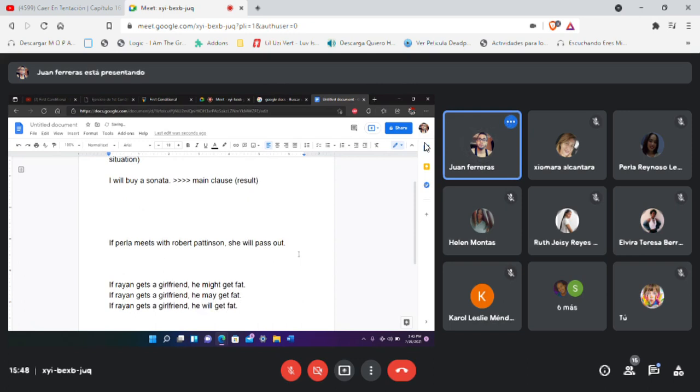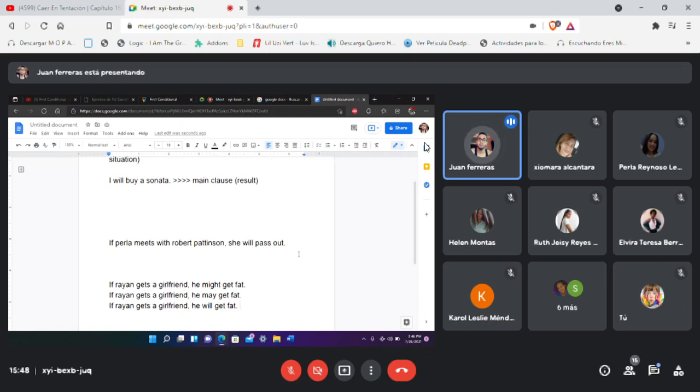Teacher, are they the same? Yes. Estas tres oraciones son lo mismo prácticamente. Lo único es que cada una tiene un nivel de probabilidad más alto. Si yo digo, if Ryan gets a girlfriend, he might get fat. Él se pondría gordo, pero es una posibilidad muy lejana.